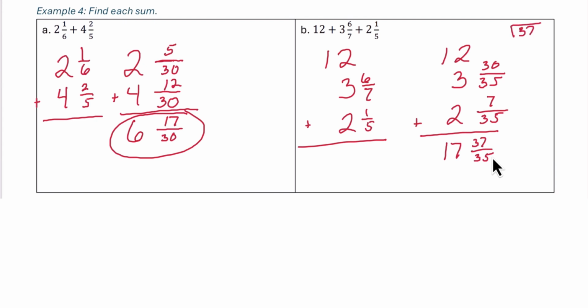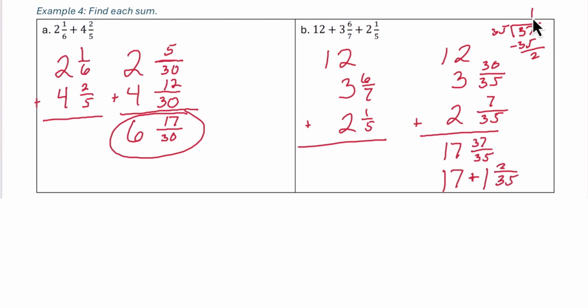37 divided by 35. 35 will go into 37 one time. Multiply, we get 35. Subtract, we get 2. So 17 we'll keep. 37/35ths we'll rewrite using the mixed number 1 and 2/35.